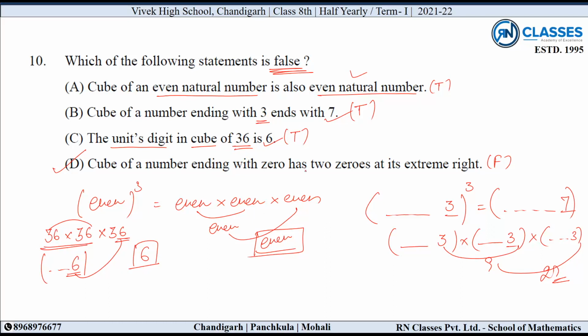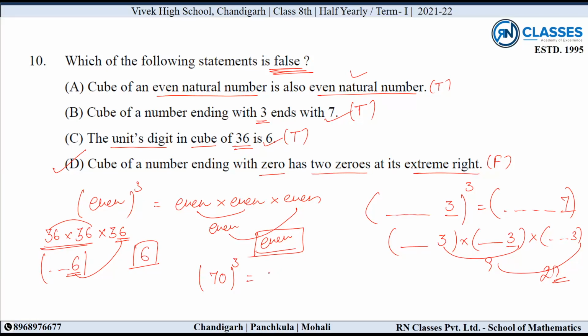Means this statement is false, answer is D part. But cube of a number ending with 0 has 2 0 at its extreme right. कर लेते हैं यार क्या फर्क पड़ता है. क्यूब ऑफ अ नंबर एंडिंग विद 0, कोई भी नंबर ले लेते हैं 70, राइट. 70 का क्यूब. ये कह रहा है 2 zeros at extreme right.